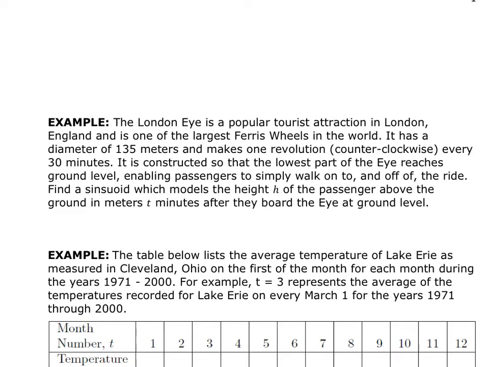Okay, so on this one, did anyone choose the sine wave? Cool, because it screams cosine, doesn't it? So if this thing screams cosine, what is my amplitude? 67.5. Can you tell me how you got that amplitude? I just cut the diameter in half.